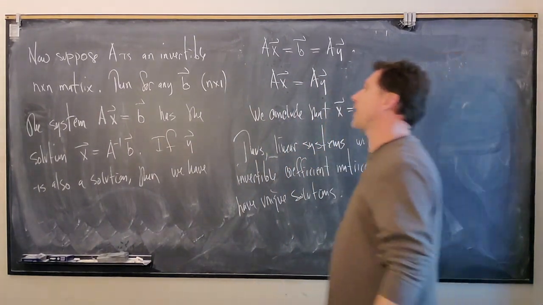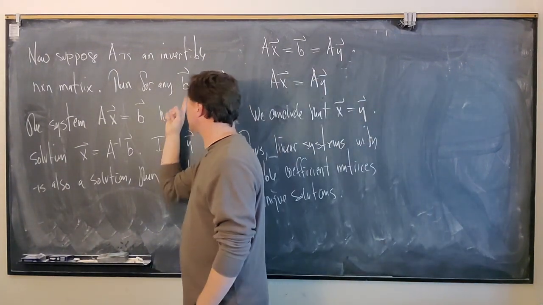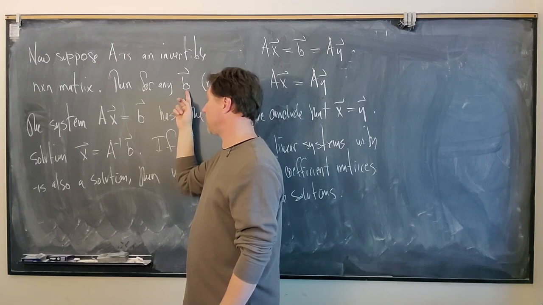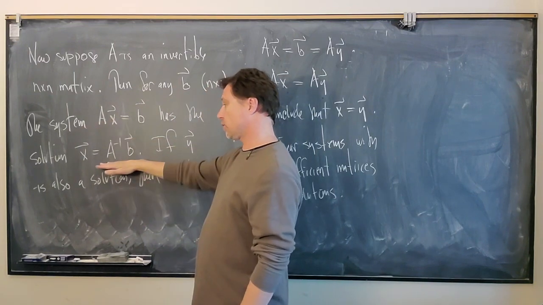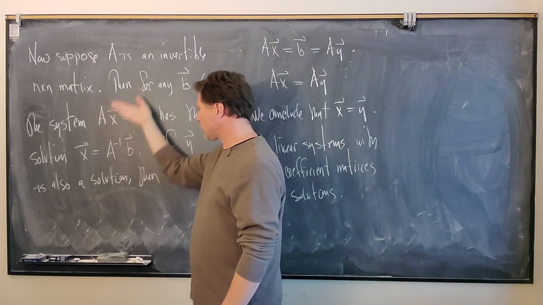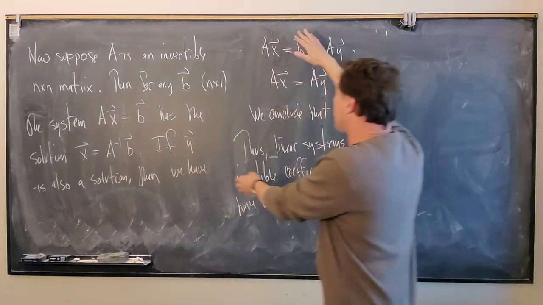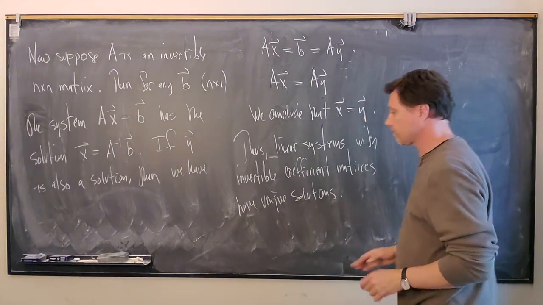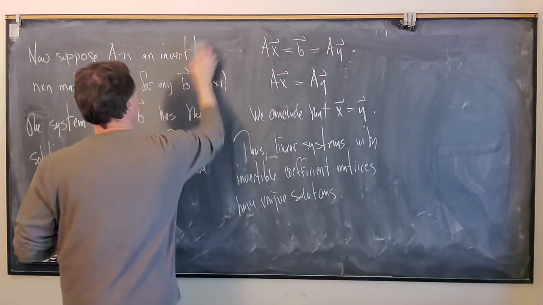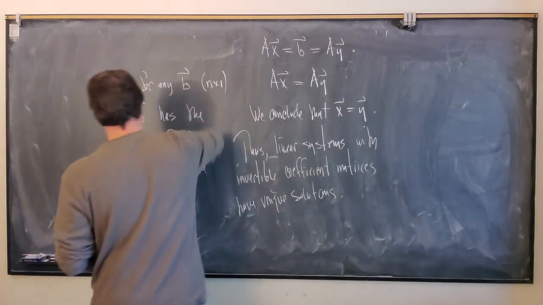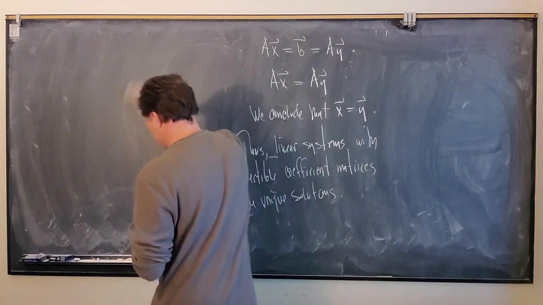So we said, okay, if we've got an invertible matrix, first notice, no matter who we choose here, if we put any column vector B here, we get a solution. Who is the solution? It's right there. We get a solution, and this shows that there's at least one. This computation right here tells us that there's exactly one solution. Now remember, we had this theorem, we called it the equivalence theorem.